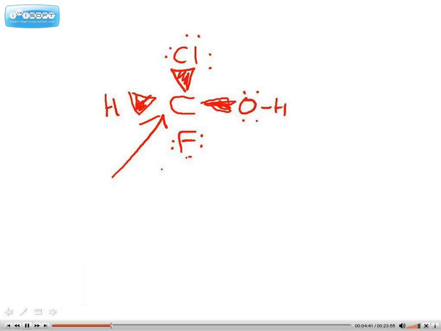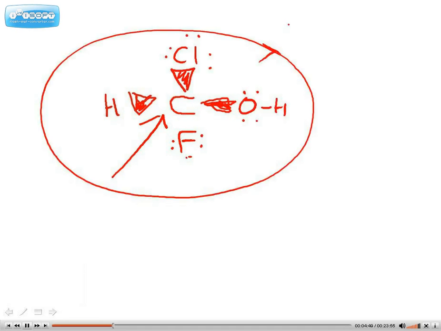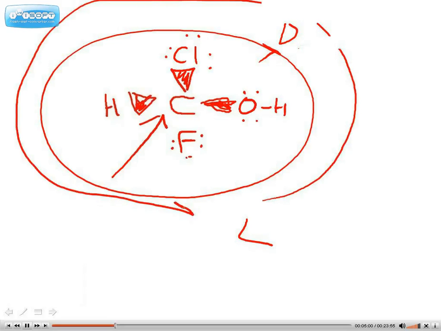D stands for dextro, and its overall groups would be orientated going to the right. L, on the other hand, stands for levo, and the groups would be orientated going to the left. D you can think of as being clockwise.